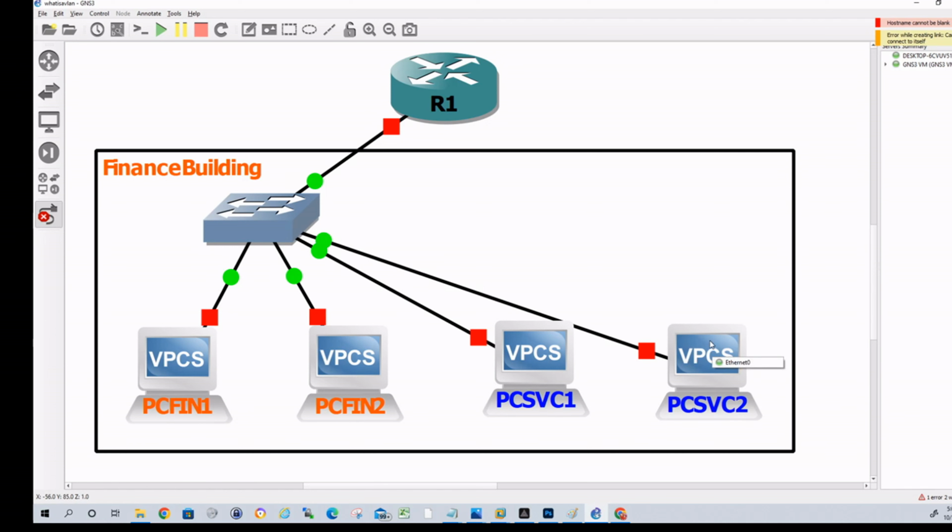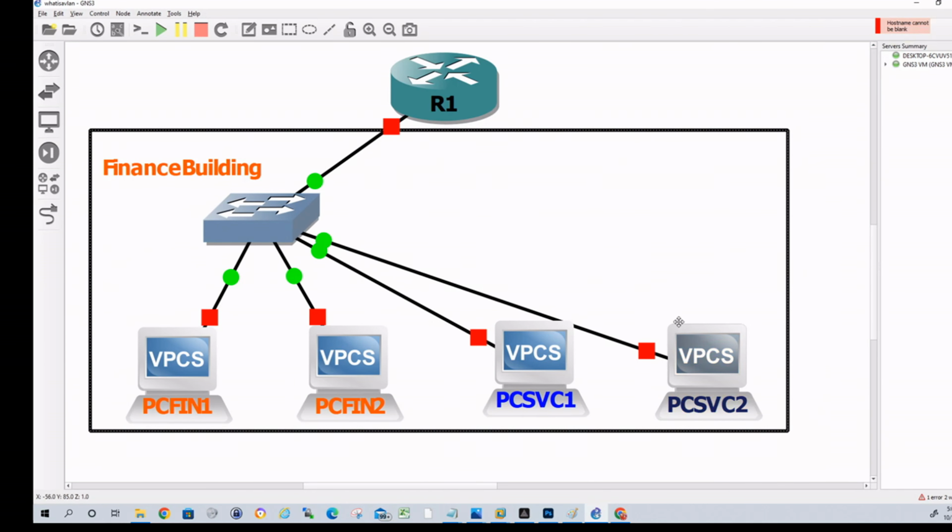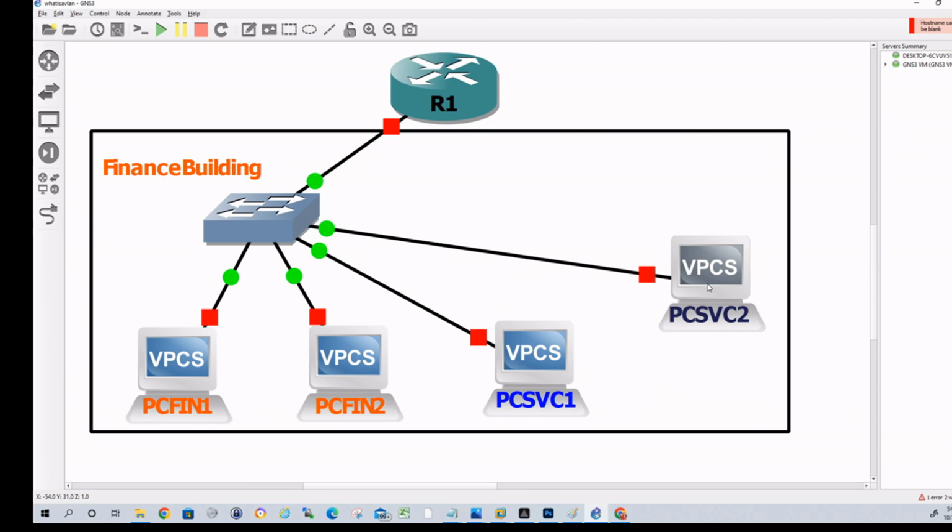Okay. So now we see that we have these four PCs. And they're all connected to the same layer 2 switch.